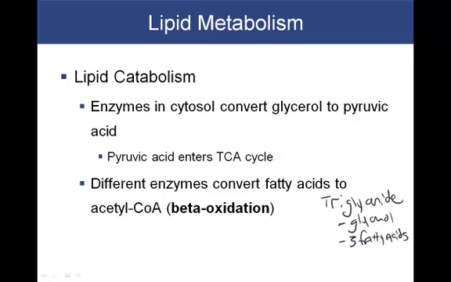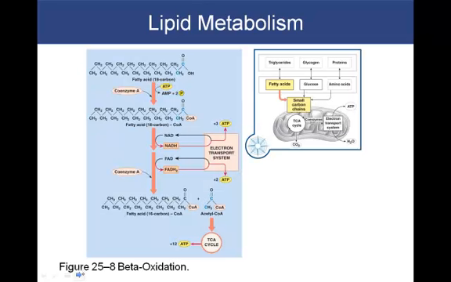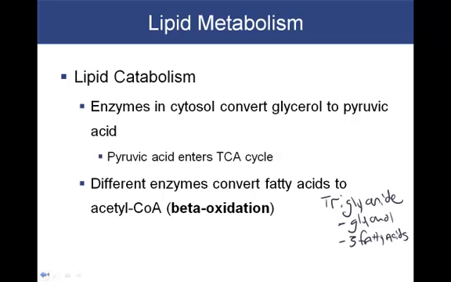We've seen it before when we were looking at the organic molecules back in Module 1. But a triglyceride is one glycerol and 3 fatty acids. Glycerol can be converted to pyruvic acid. And pyruvic acid can then enter the mitochondrion, where it can undergo metabolism via the TCA cycle and the electron transport.